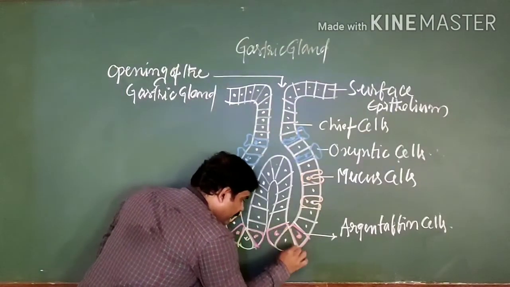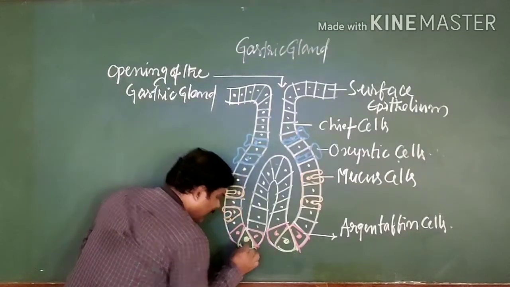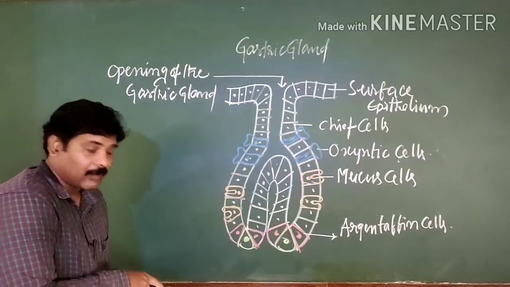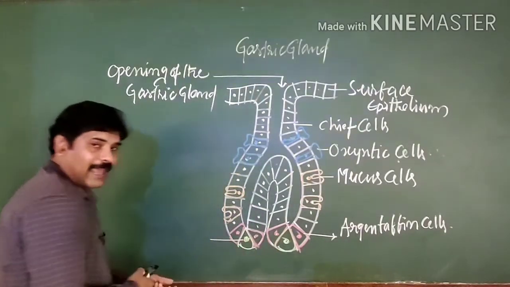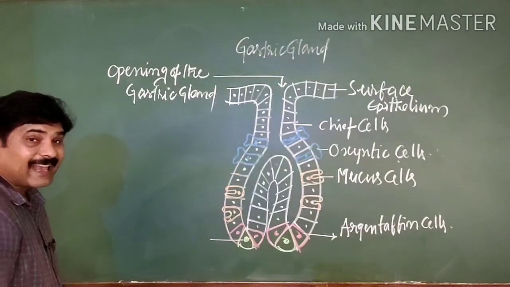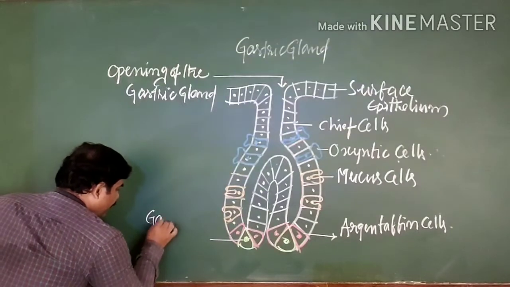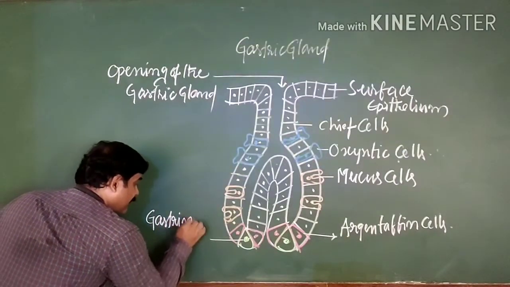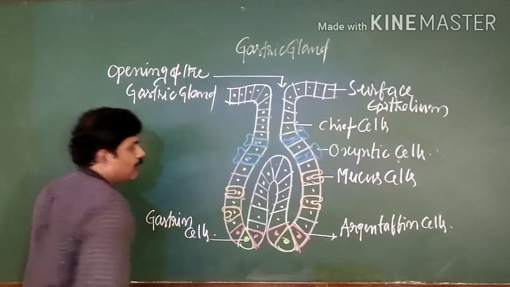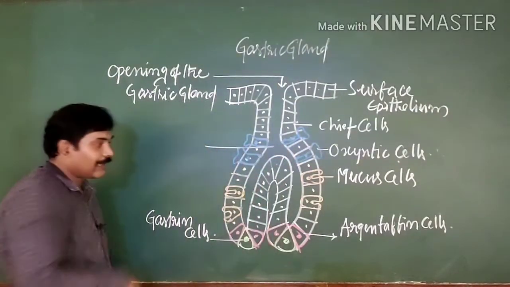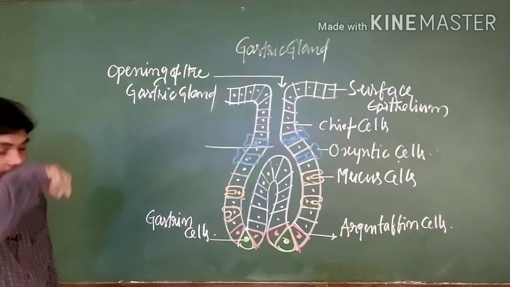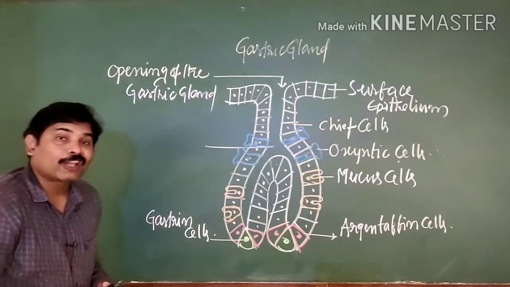This is the cell at its extreme bottom or base. You can see this cell is known as G cells or gastrin cells. Gastrin cells, these are all. And in this portion, you can see the spacious part, the cavity present within that, is known as gastric lumen.